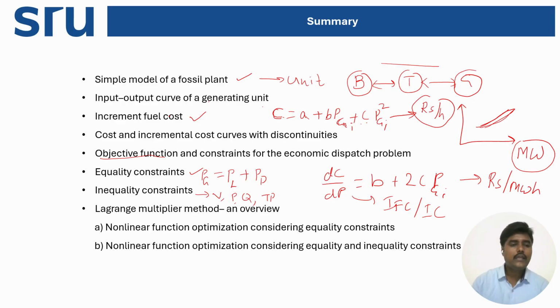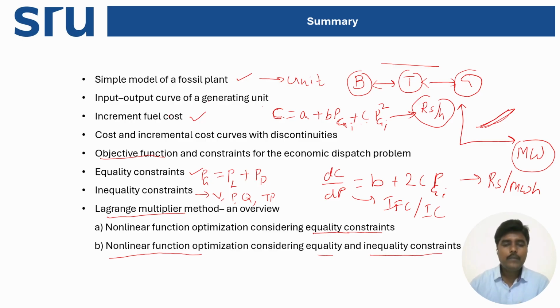Then we have seen the Lagrange multiplier method by considering two cases: nonlinear function optimization considering the equality constraint, and nonlinear function optimization considering both equality and inequality constraints.